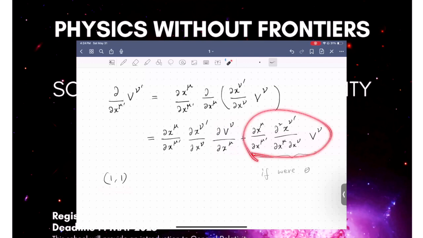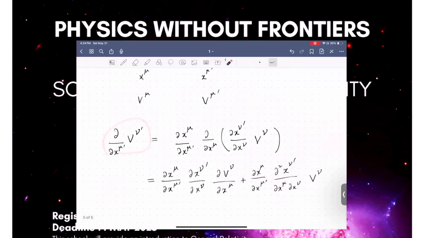However, this is not in general 0, right? Because nothing tells us that these coordinate transformations should be linear. And if the coordinate transformations are not linear, meaning that if these x mu primes are not a linear function of this x mu, then the second derivative is not going to vanish. Okay, so this is not 0 in general.